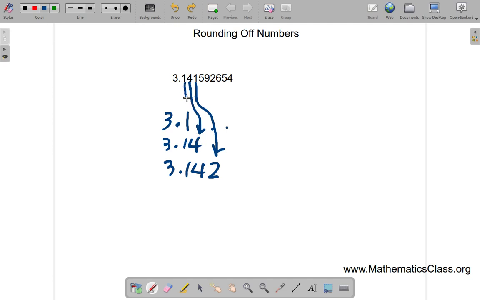And the same thing applied to this one. Alright, so that is a rule of rounding off. Later on we'll look at writing down numbers to a certain number of decimal places and to a certain number of significant figures. But for now we'll just look at general rounding off.